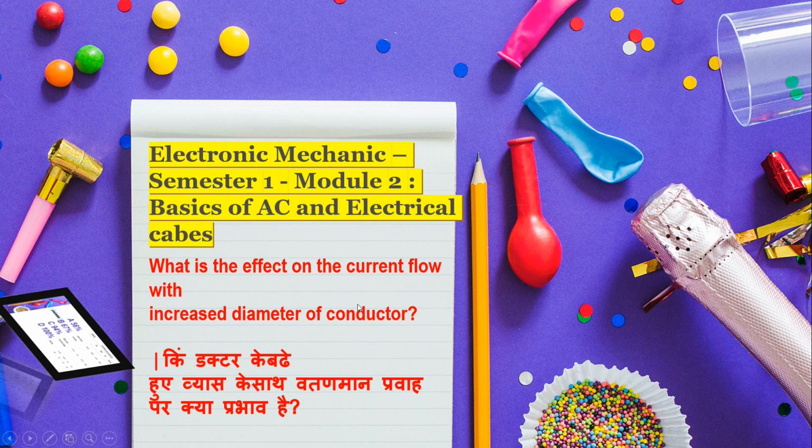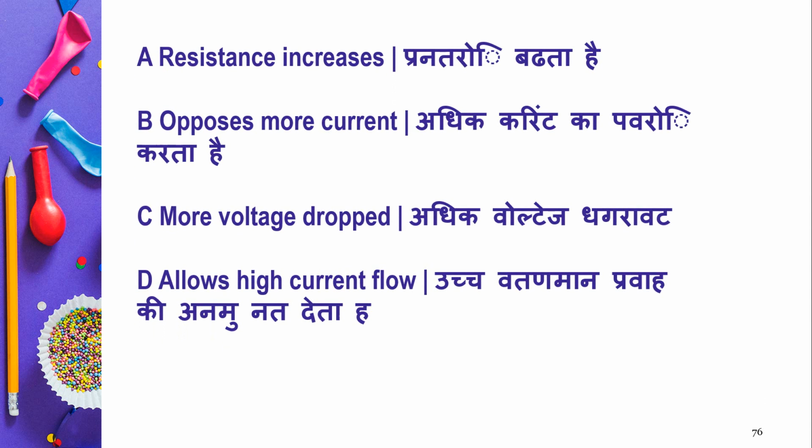What is the effect on current flow with increased diameter of the conductor? This question is asking what will happen if we increase the diameter of the conductor. We know that at the start I told the formula is I equals V into A, where A means area of cross section.